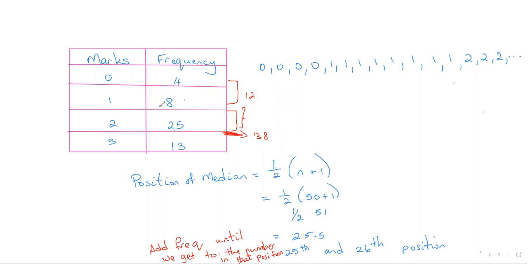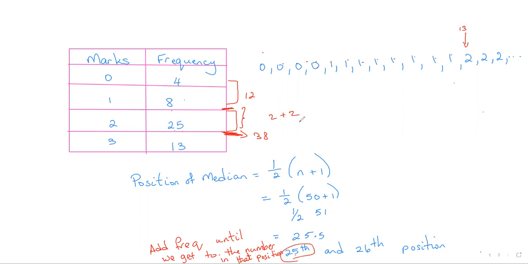Because remember, from the 13th number, so 1, 2, 3, 4, 5, 6, 7, 8, 9, 10, 11, 12, so from the 13th number up to the 38th number is 2. So that means the 25th and the 26th number is 2.